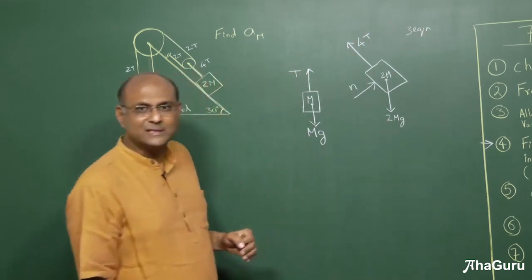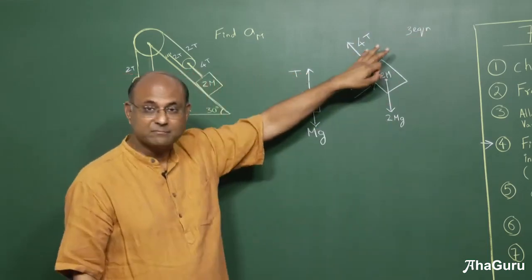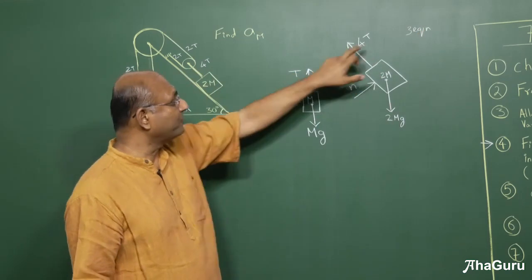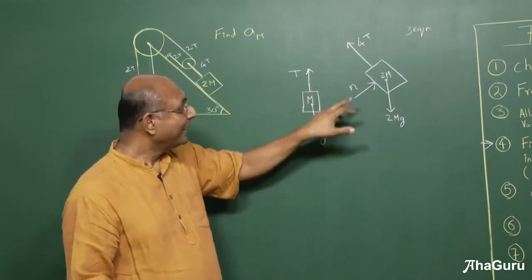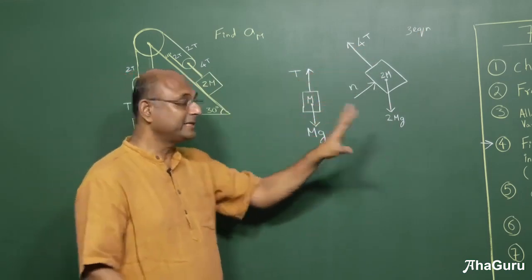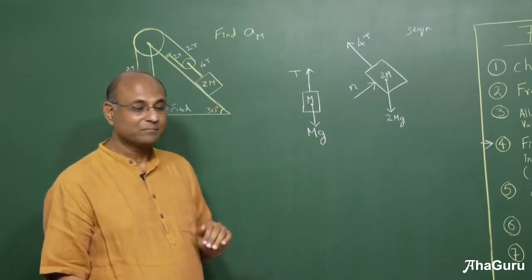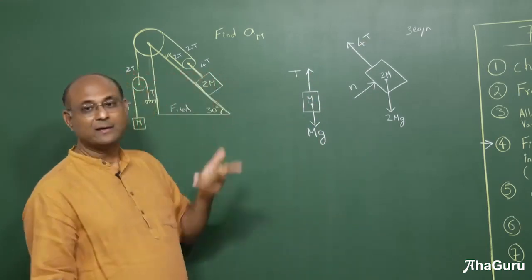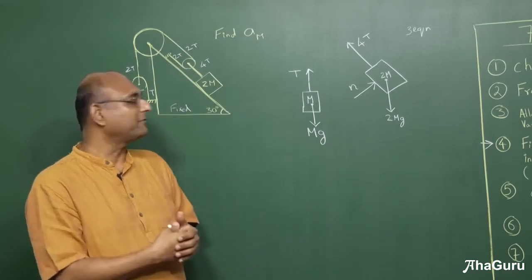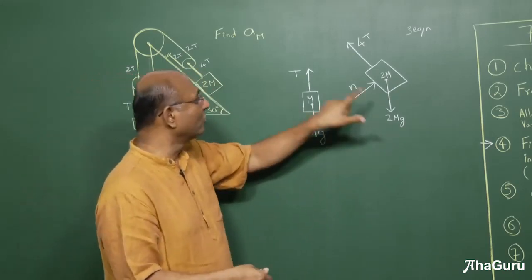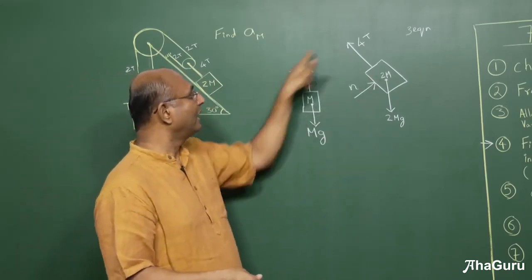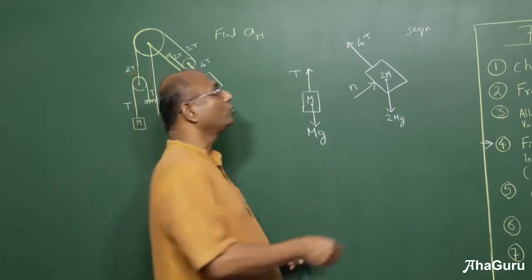How many unknowns are there already on this diagram? T is unknown, but 4T and T are the same unknown. N is a new unknown. Mg is not an unknown because m is known. Okay, because if it's given in the question, the answer is expected in terms of m. So this is known, known, unknown, unknown. So how many unknowns? Two unknowns.